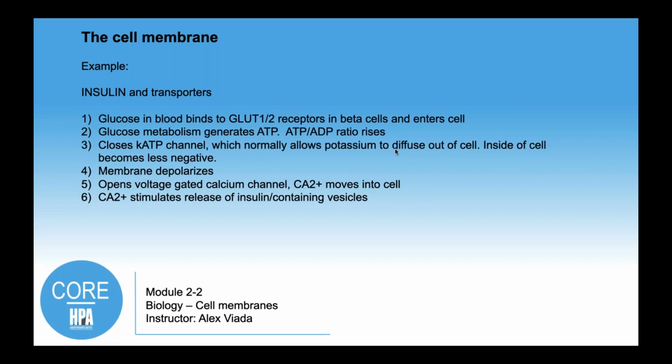So glucose in the blood binds to the GLUT1/2 receptors in beta cells and enters cells. In some places you'll read it's the GLUT2 receptors. In other places you'll read that GLUT2 receptors are mostly found in rodents and it's GLUT1 in humans. Again, you'd think we almost don't really know which is which or which one is primarily active. Either way, glucose in the blood binds to these receptors and enters the cell.